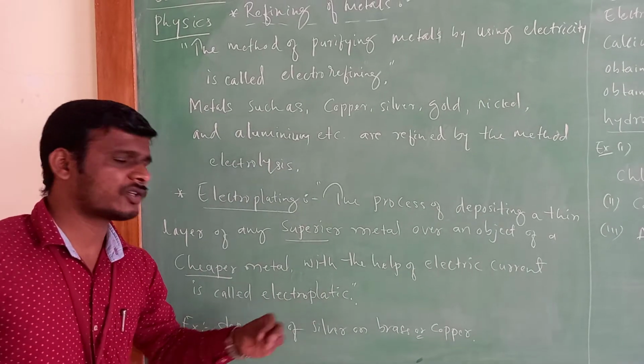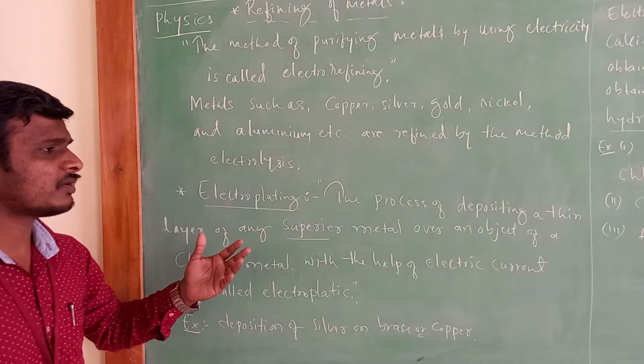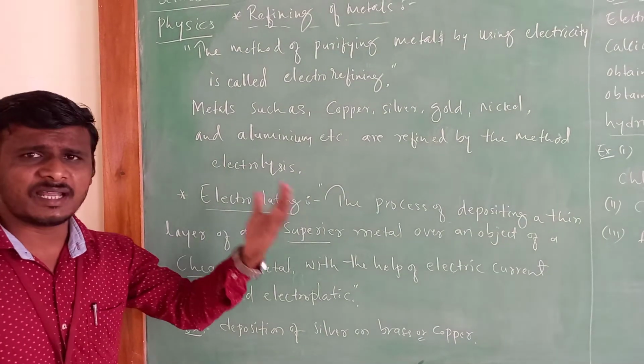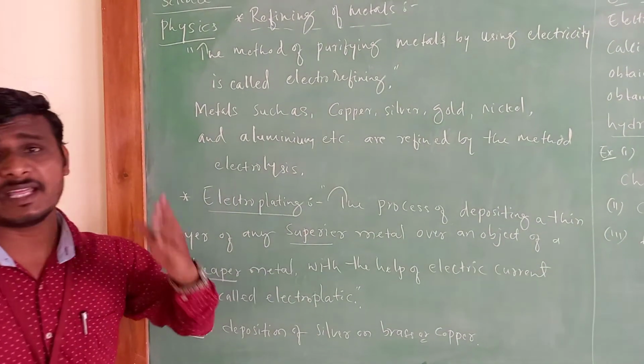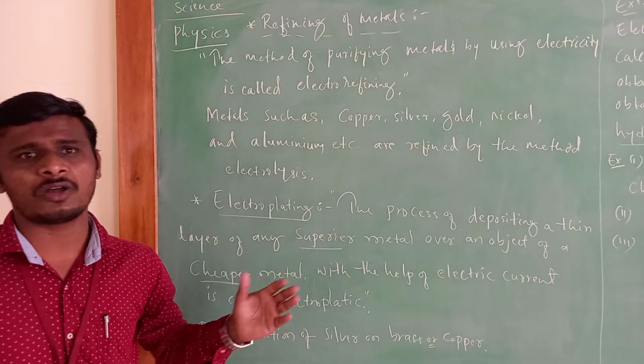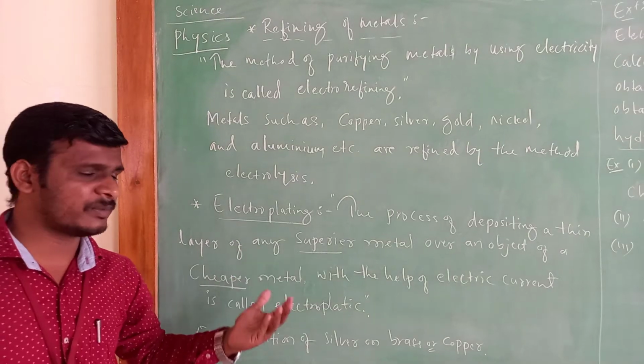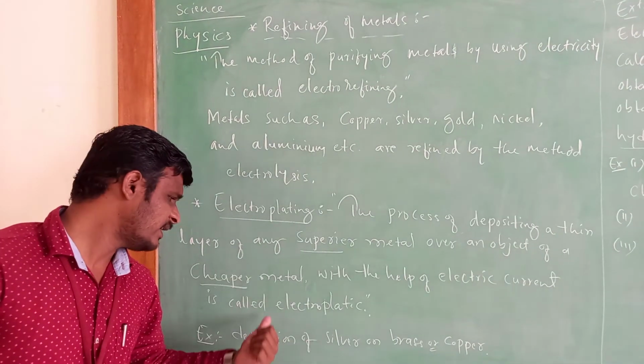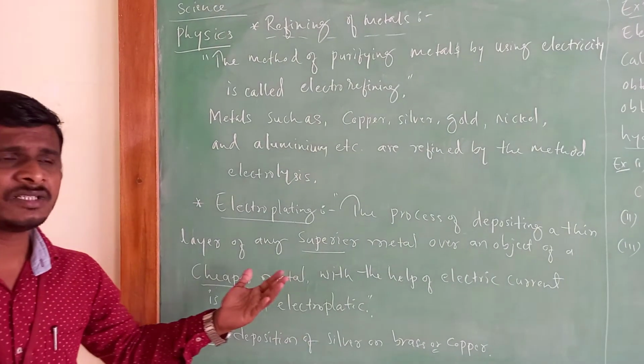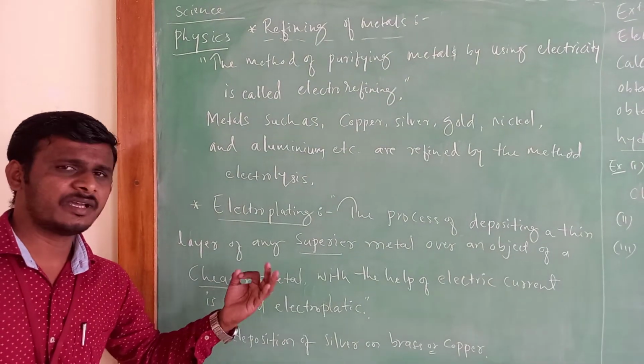So depositing a thin layer of a superior metal over an object of a cheaper metal by the help of electric current is called electroplating, right? So that is the definition of electroplating.